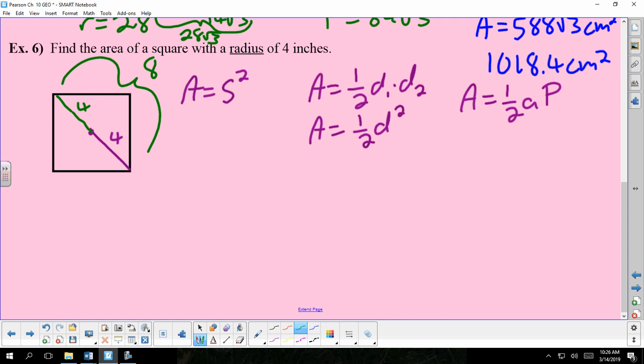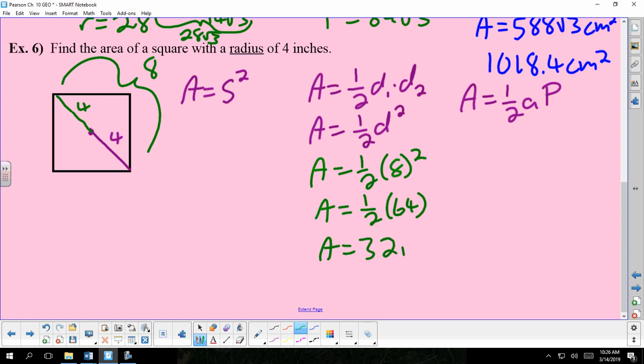So the area is 1/2 times 8 squared. Area is 1/2 of 64. The area is going to be 32 inches squared. Well, that's not as much fun, right? Let's go ahead and calculate it using the other 2 methods as well.